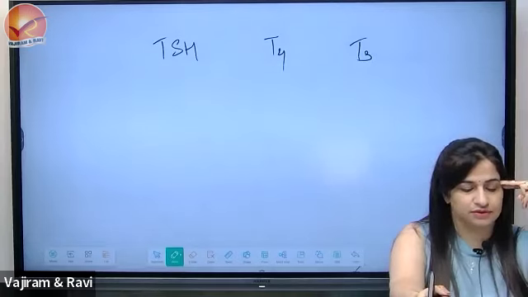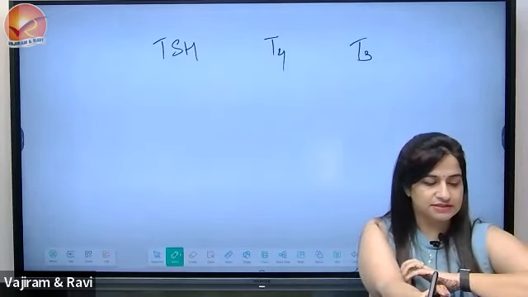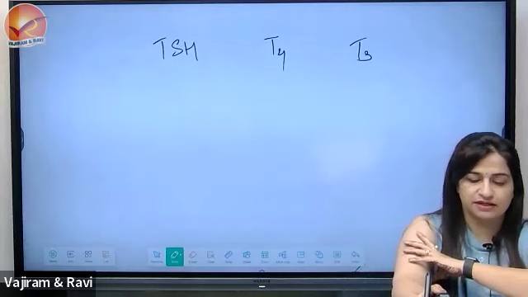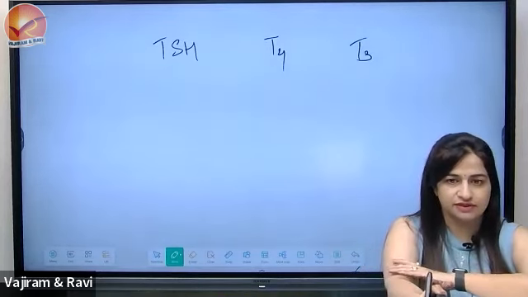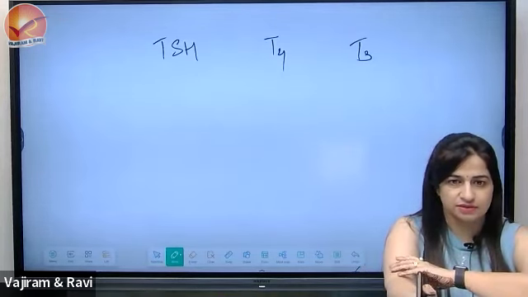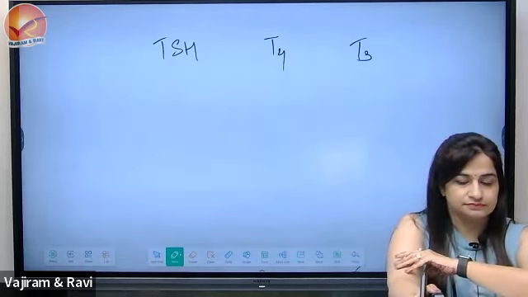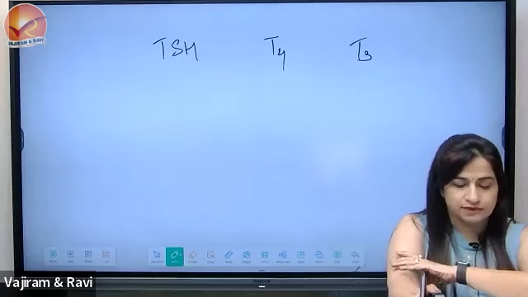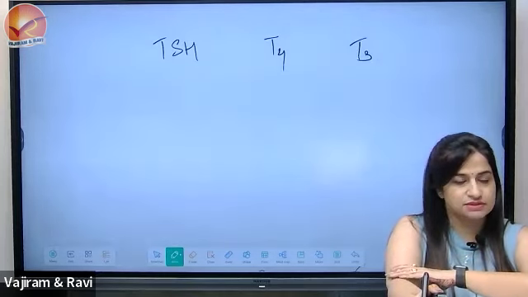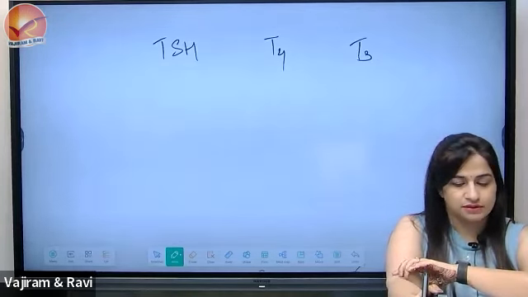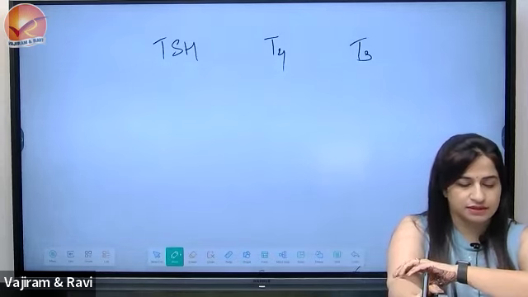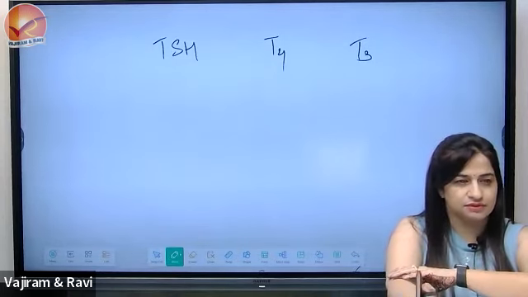Come to the next one: TSH is elevated, T4 is elevated, and T3 is elevated. This I've given. This is the last one, I think. Okay. Yeah, tell me. Secondary hyperthyroidism. Secondary thyrotoxicosis or pituitary adenoma, it can be, but not very common.